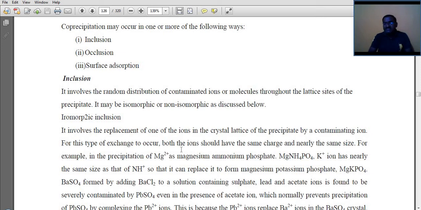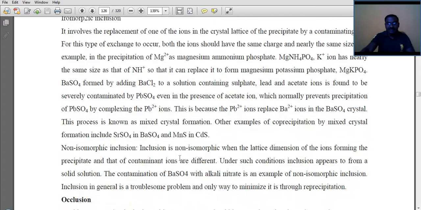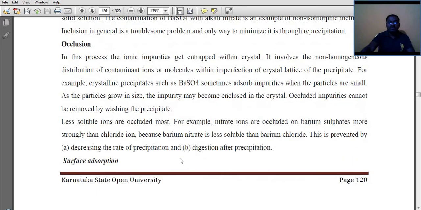In inclusion, it involves the random distribution of contaminant ions or molecules through the lattice sites of the precipitate. In occlusion, ionic impurities get entrapped within the crystals.